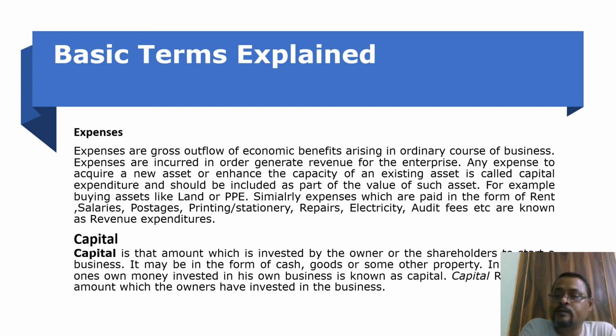So these are the four basic terms, and we discussed certain things about what accounting is and how business transactions are identified. Business transactions are generally identified only if they are of monetary nature. If a business transaction is not of monetary nature, then it would not be recorded by accounting.